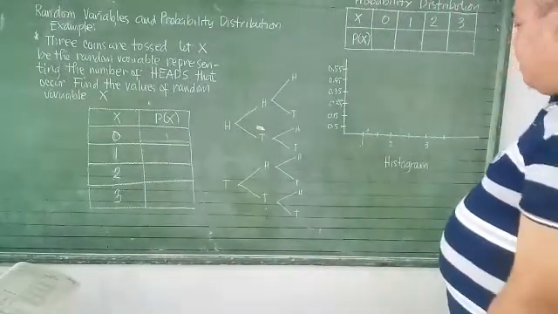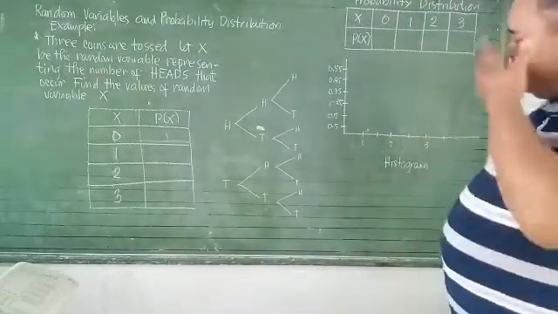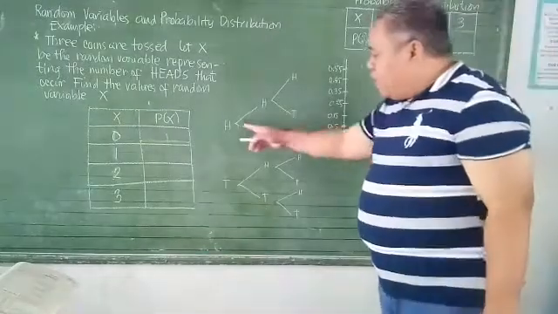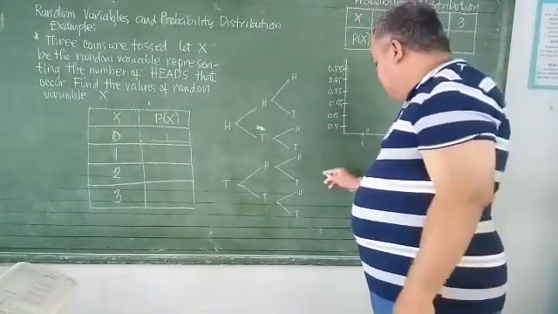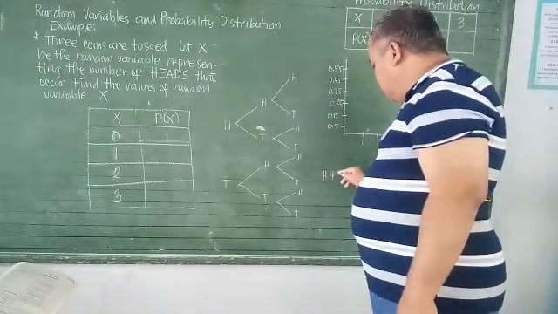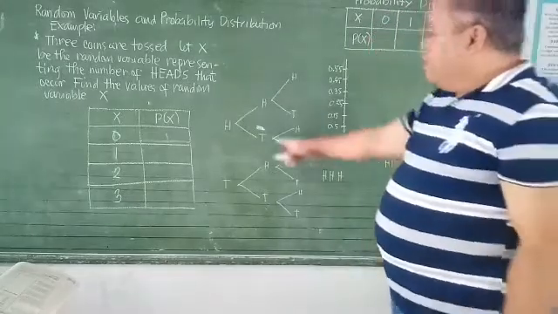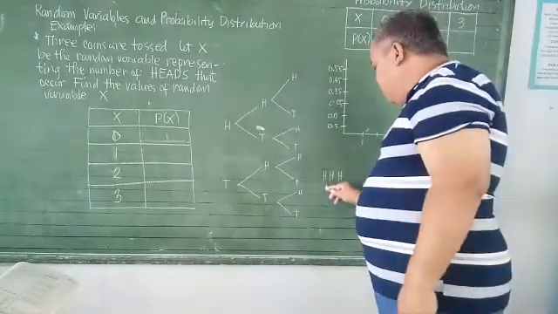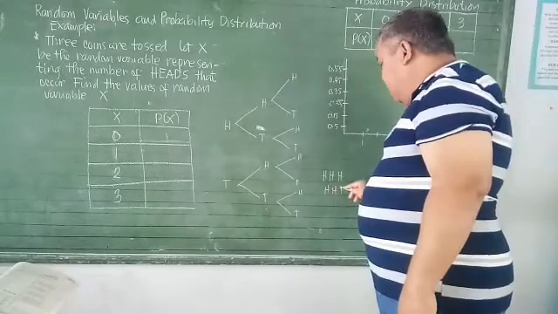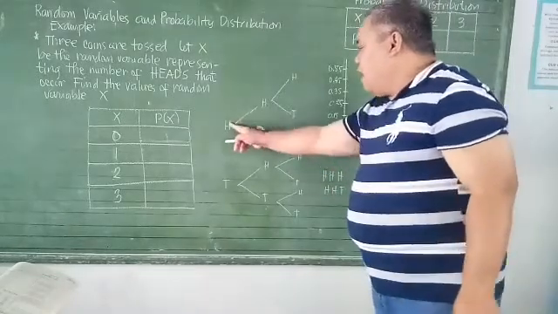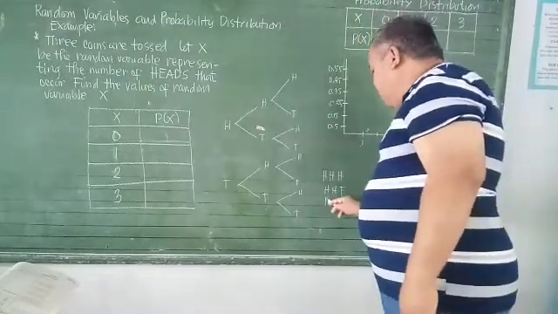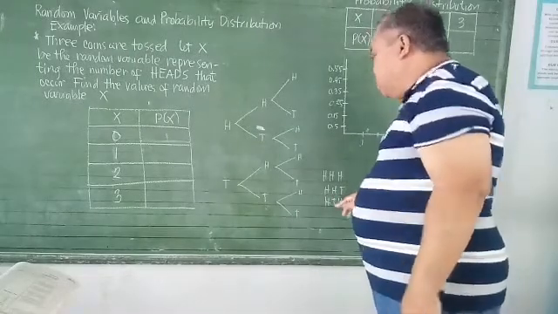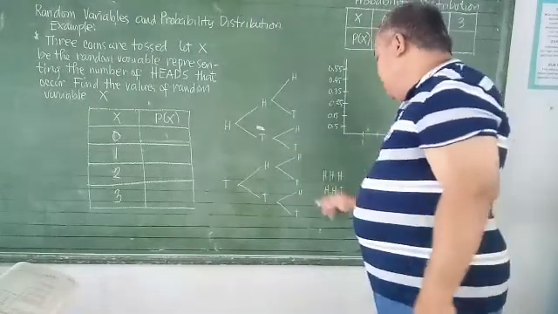Now, tingnan natin dito ano yung mga outcomes na pwedeng mabuo. So ito is HHH. Then HHT. HTH. And then HTT.